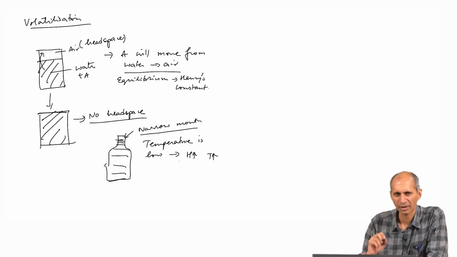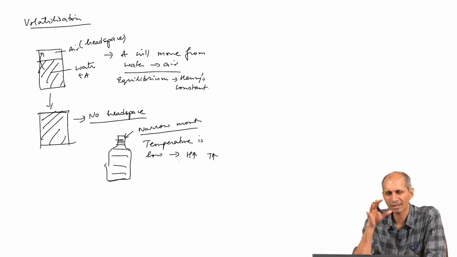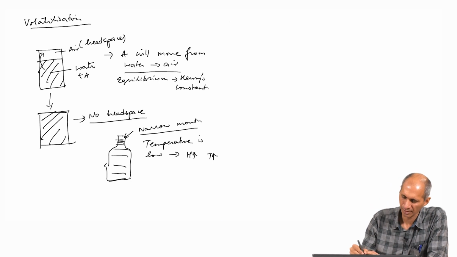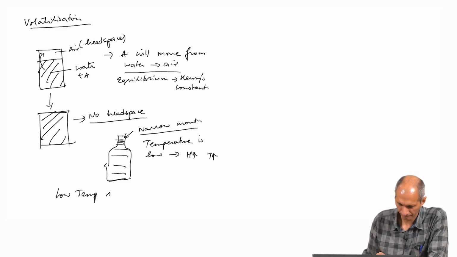All reaction, all biodegradation typically is low at low temperature. So, this is generally the rule of thumb, that sample storage and collection is done at low temperature. Sample transport and storage.